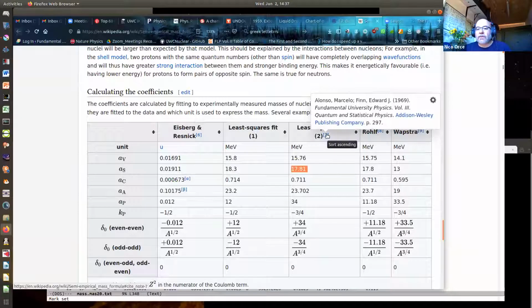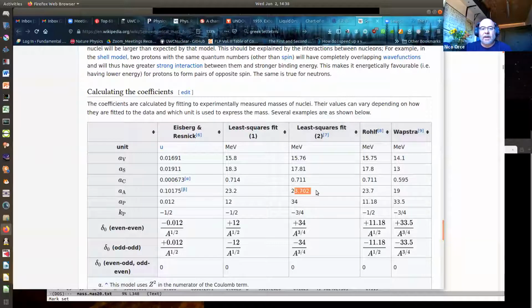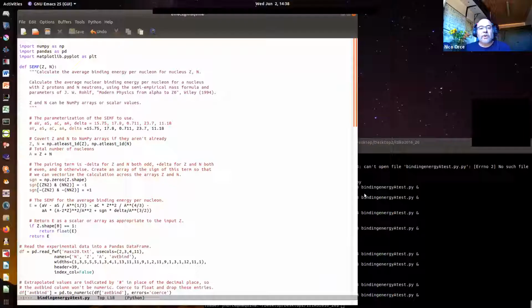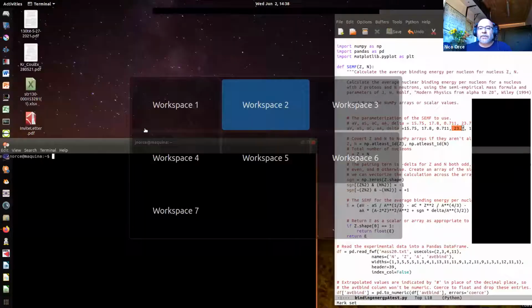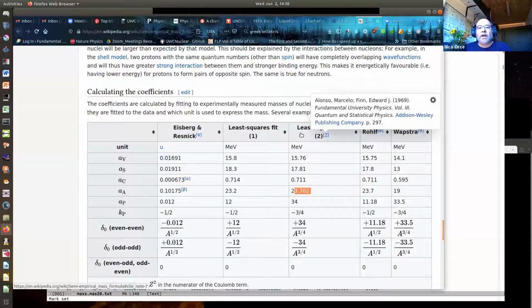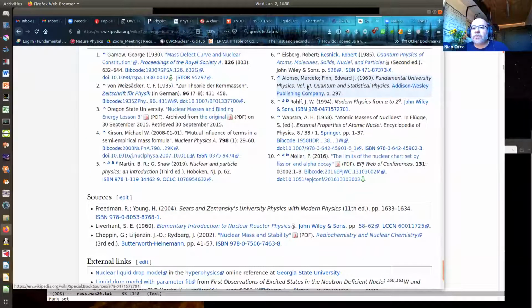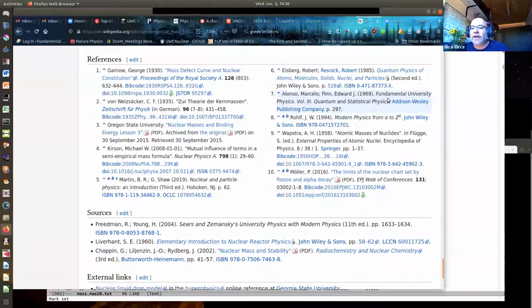So this one is quite similar to the one I have, and 23.7 is probably the same. This one comes from Alonso and Finn. Oh, actually, I love this book also, Fundamental University Physics, Volume 3.